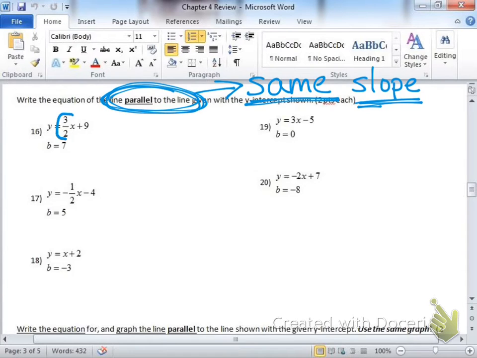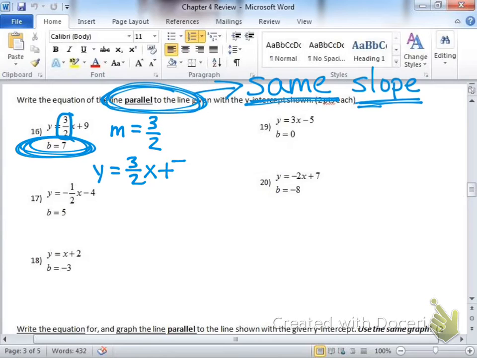The only thing I want from this line is the slope. So my m is going to equal 3 over 2, and then I'm going to use this b down here. So my equation will be y equals 3 over 2x plus 7. You do not use the b from the original equation. The only thing we want is the m, and the m stays the same. Parallel lines have the same m.